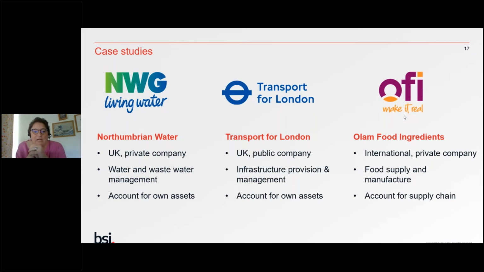They cover three sectors: water and wastewater management, infrastructure provision, and food supply and manufacture, and also cover the spectrum of the assets, so covering own assets, but also covering the value chain.